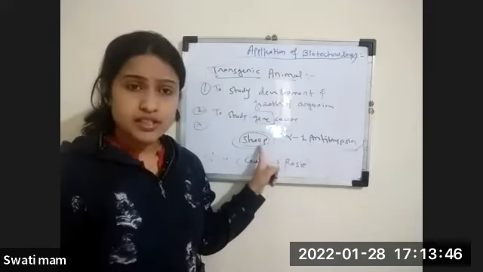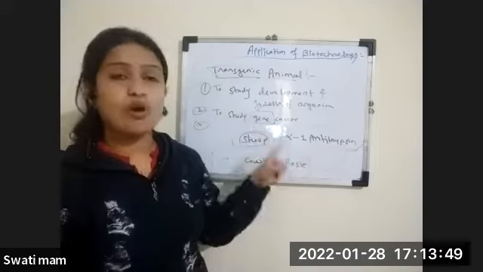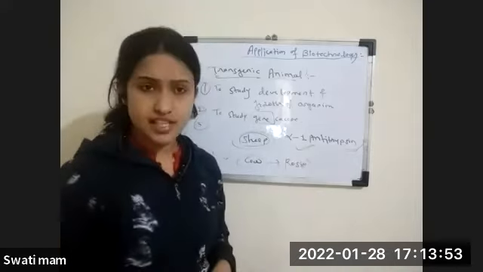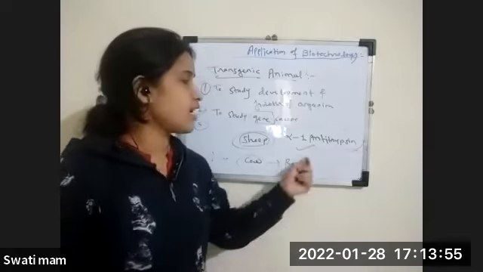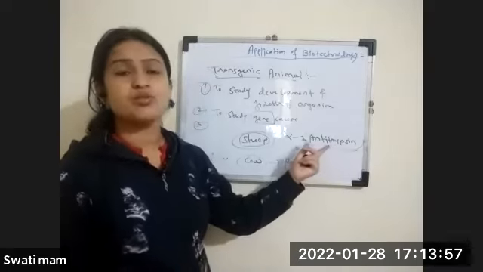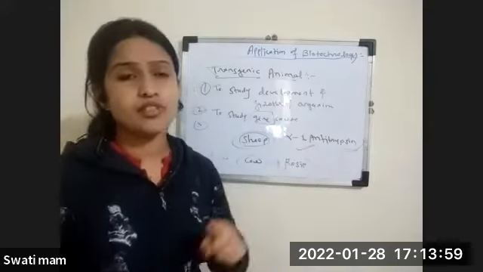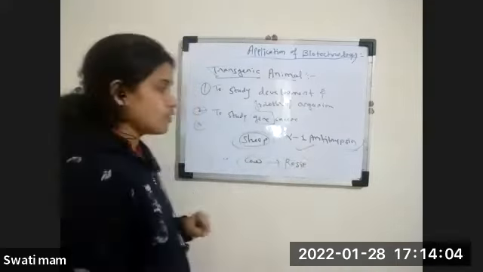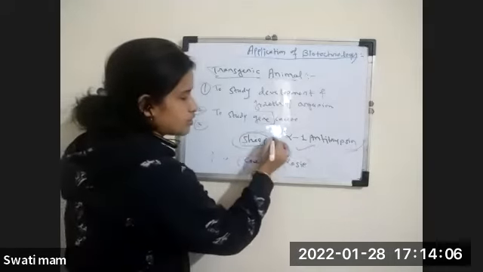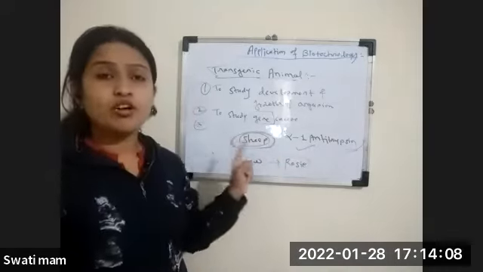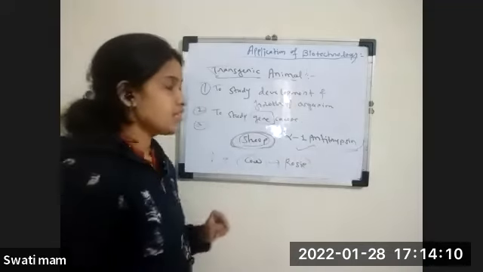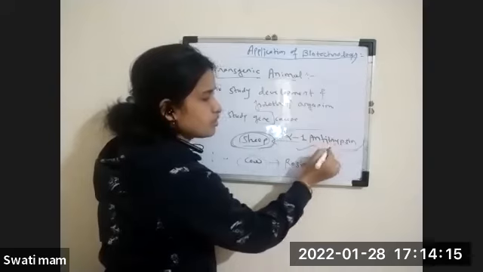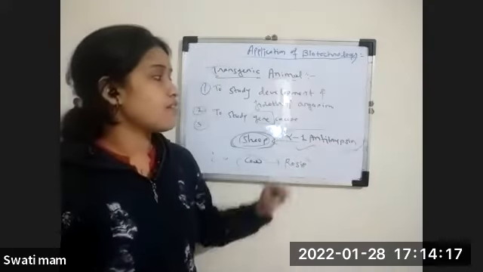This sheep automatically has this alpha 1 antitrypsin enzyme, and that enzyme is responsible for carrying out several proper mechanisms within the human body. Also, the milk of this sheep has a high concentration of this protein, alpha 1 antitrypsin.